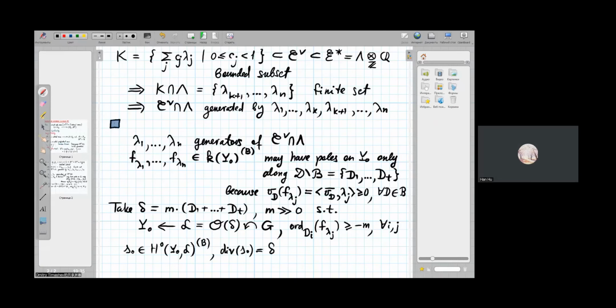Then, if we multiply this S naught by all these functions f lambda 1, f lambda n, we get sections Sj. So Sj is by definition f lambda j times S naught. And this section is again regular. It has no poles.